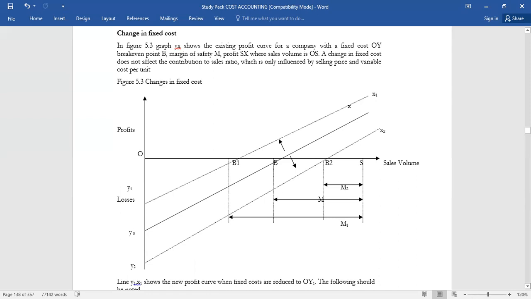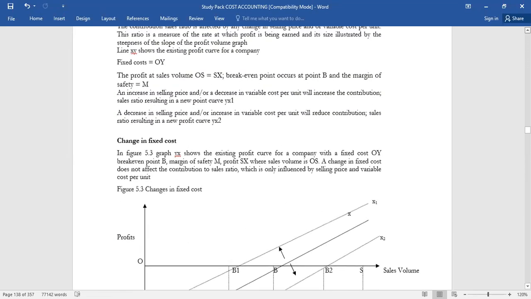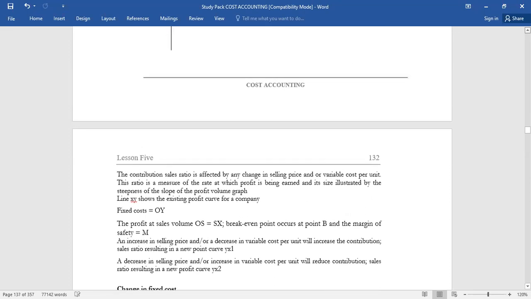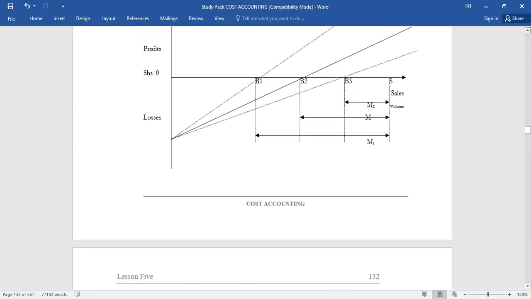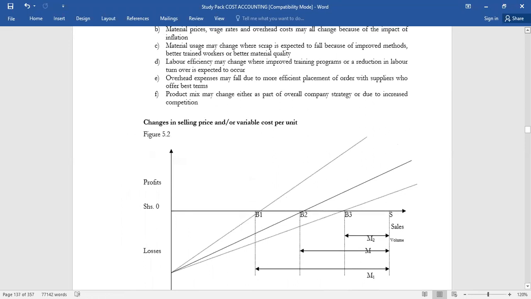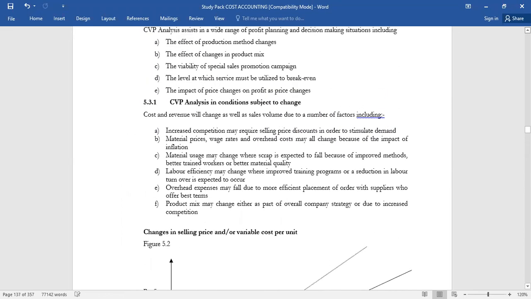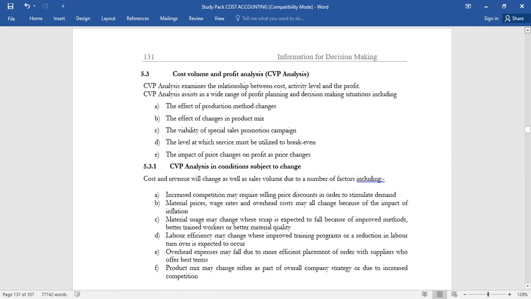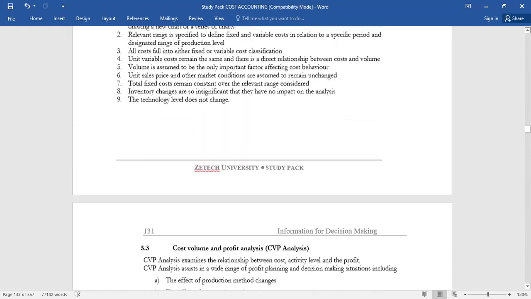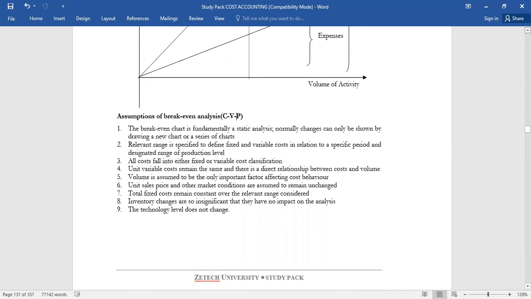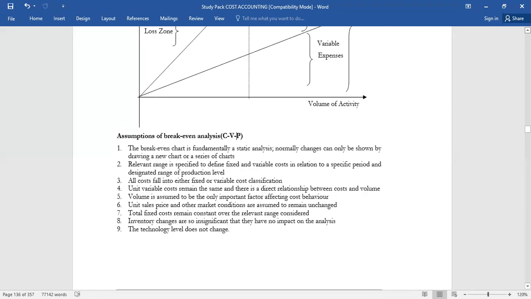I don't want to go there at this point. You just need to know what is BEP, what is contribution, what is margin of safety. I'll be coming to the CS ratio to see how our contribution is making our sales either profitable or not profitable. So allow me to avoid what is not important at this level.